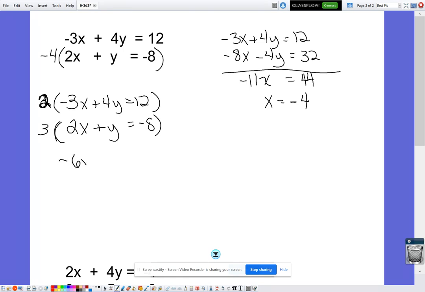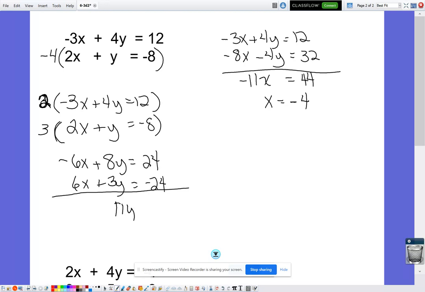So negative 6x plus 8y equals 24. 6x plus 3y equals negative 24. When I add down, I get 11y equals 0. So y equals 0. So my point of intersection is -4, 0.